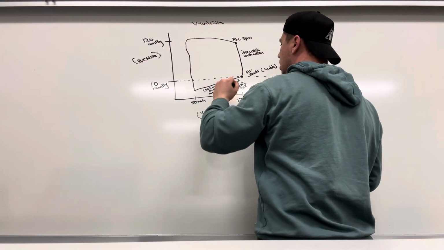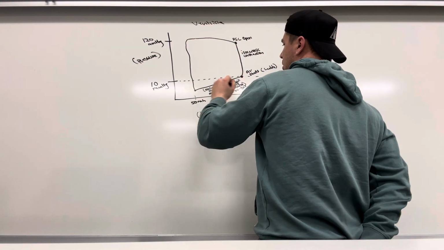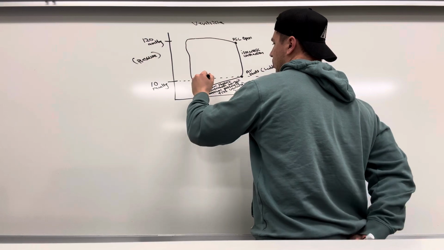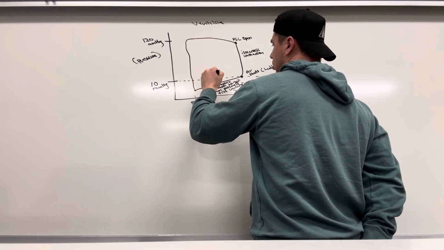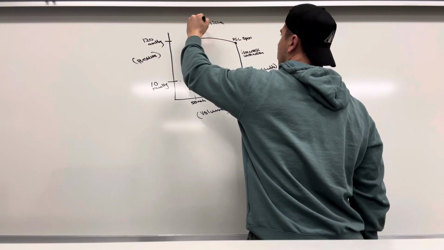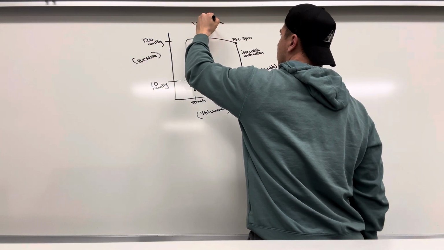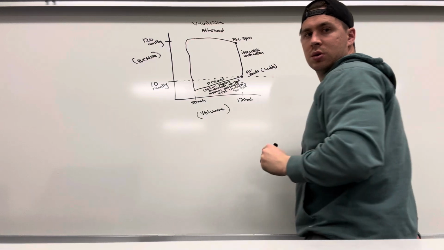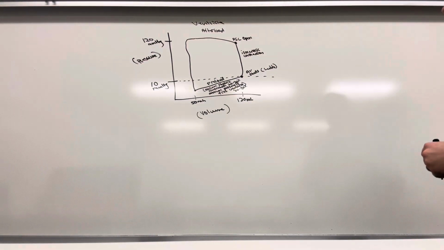And so this spot here we call our preload. And this stuff up here we would call our afterload. Okay, so we have our preload, and then we have our afterload up top.